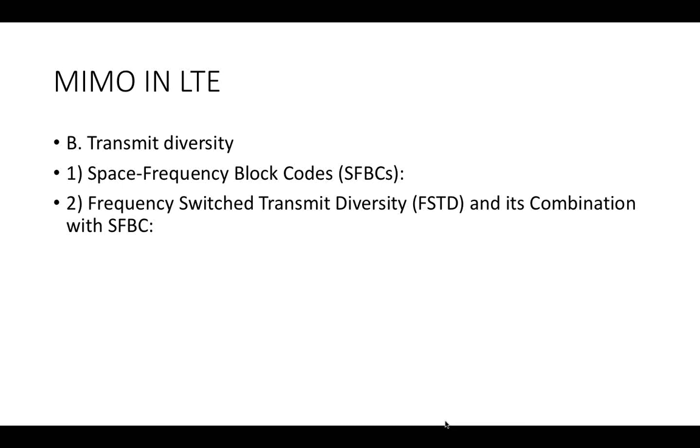If a physical channel in LTE is configured for transmit diversity and operating using two eNodeB antennas, SFBC is used. SFBC is a frequency domain version of the well-known space-time block codes, also known as Alamouti codes.